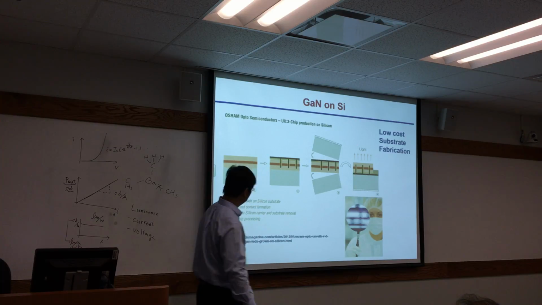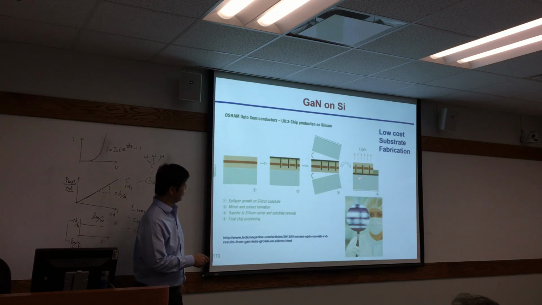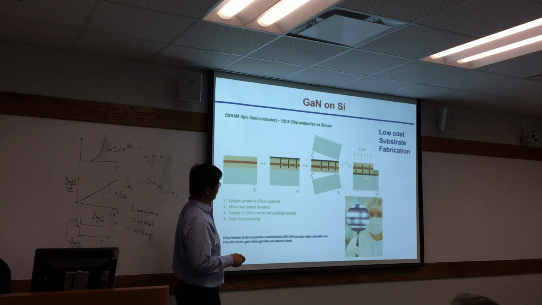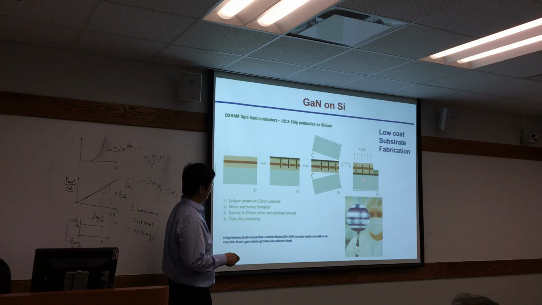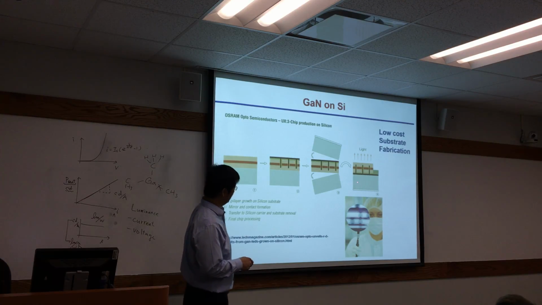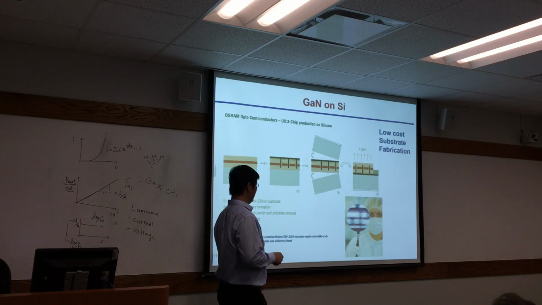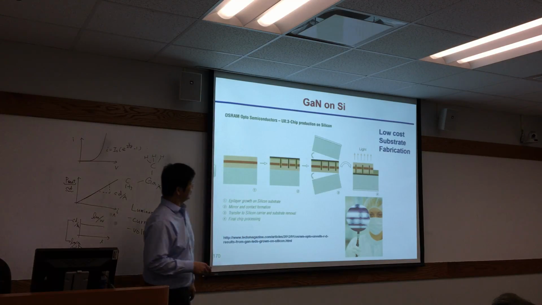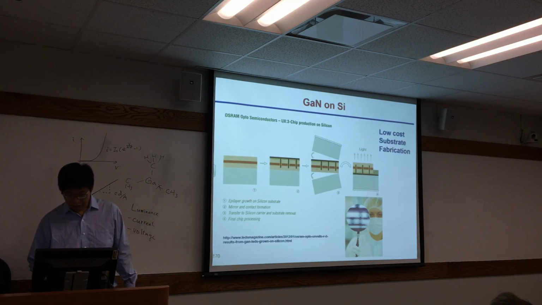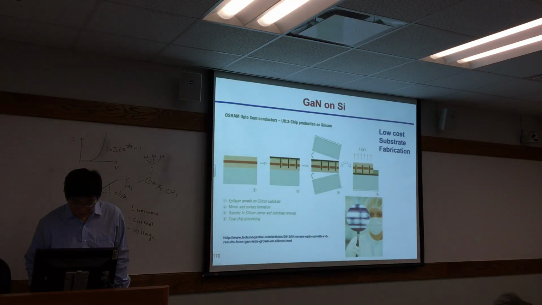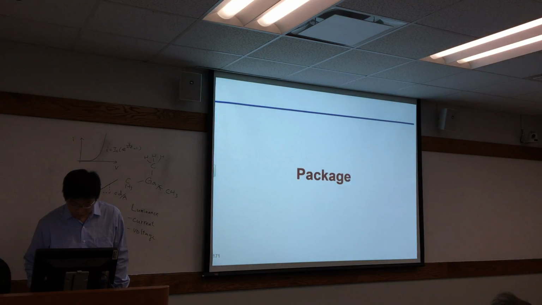And on the silicon, there's another advantage: because silicon technology is very popular and very mature, you can have lots of advantages. You can put a driving circuit on there, you have the thermal conductivity, and you have a larger substrate size.